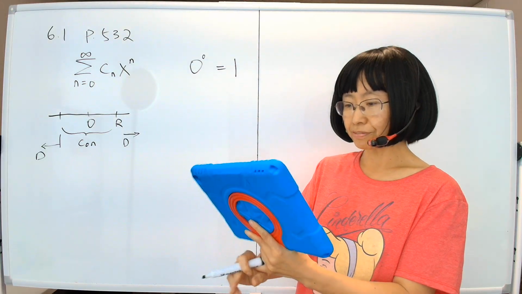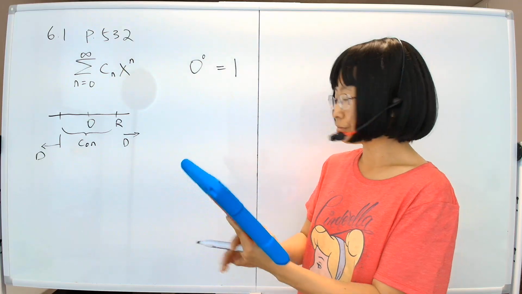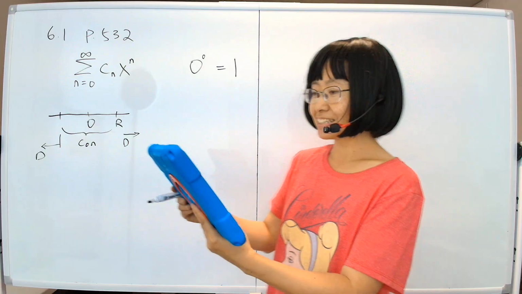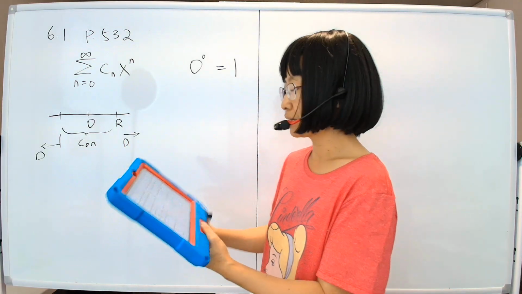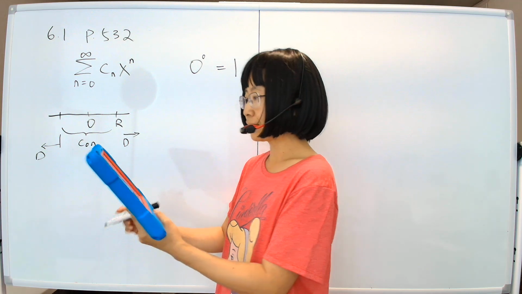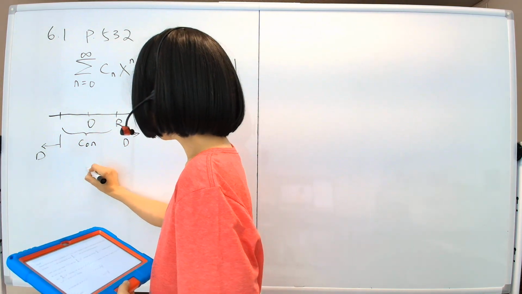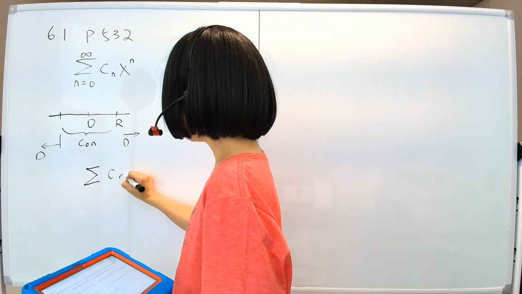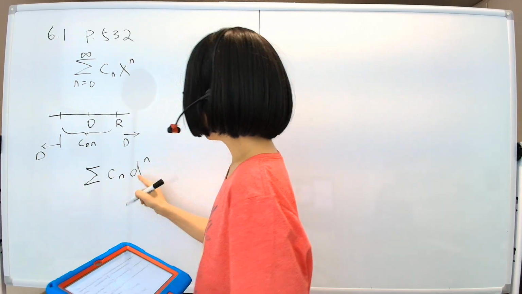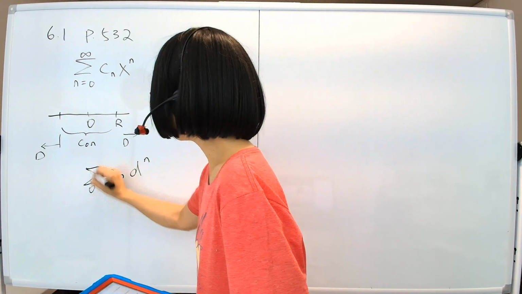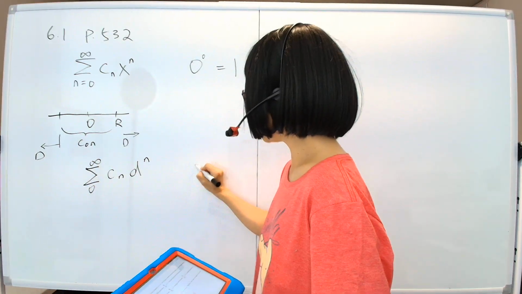Now to prove that, we'll write stuff down. Here's the assumption. Let me write down what we're proving. Here's what's given: assuming that the sum of c_n d^n converges from n equals 0 to infinity for some d bigger than 0.